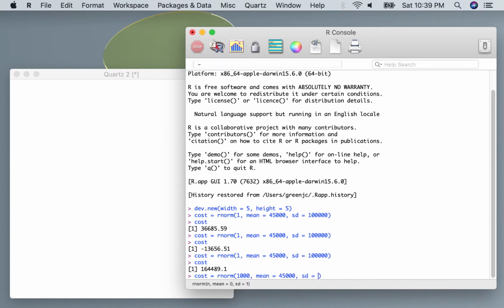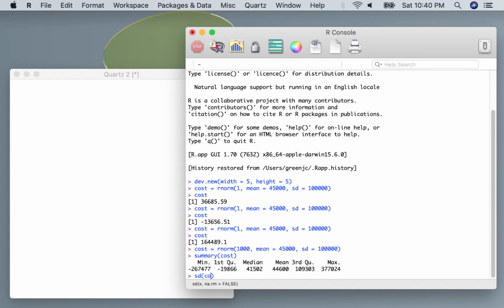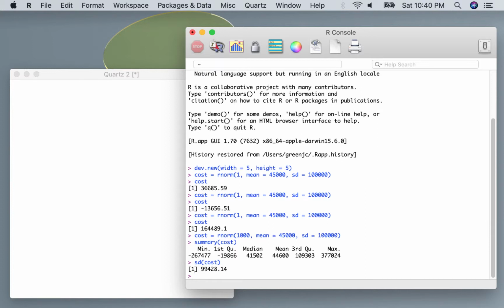The next time I did it, I actually got a negative cost, negative $13,656.51. The third time I did it, I got another positive one, $164,489.10. So each time I ask for a random number from that distribution defined by the mean and standard deviation, I get a different cost.